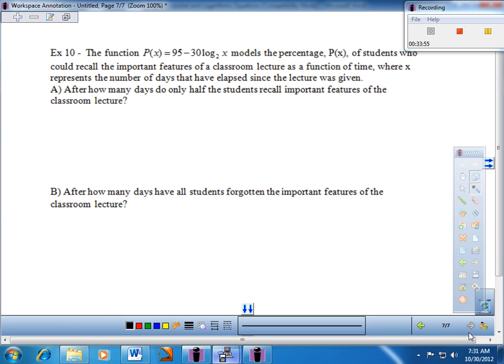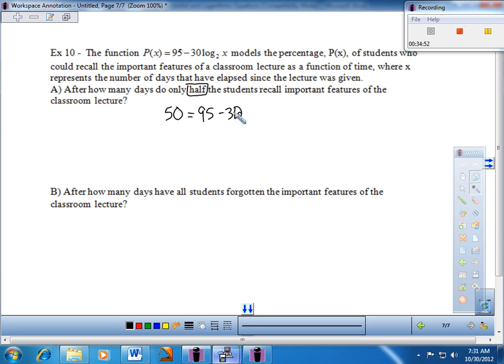And by the way, this P is a percentage, and I know we've been changing percentages to decimals. It just so happens this is a very specific model, and as a percentage, when it says after how many days do only half, and here's going to be the key, that would be 50%. I know the way the model works here, and that means we do put 50 in for the percentage, and we want to see how many days it would take.